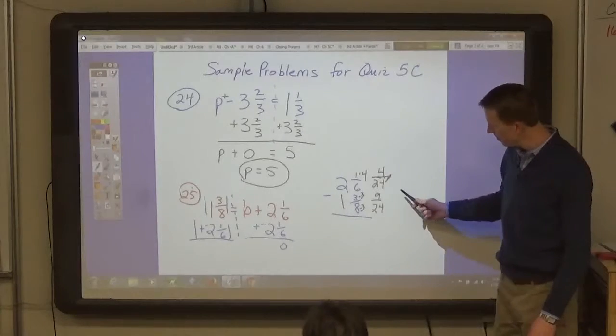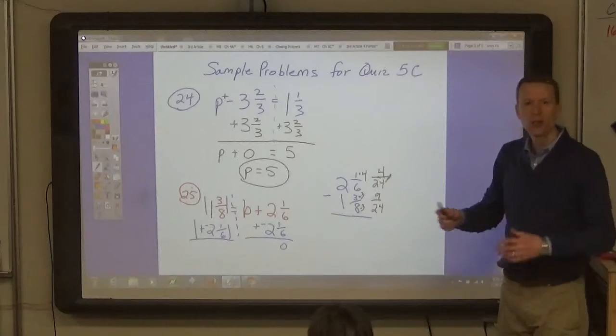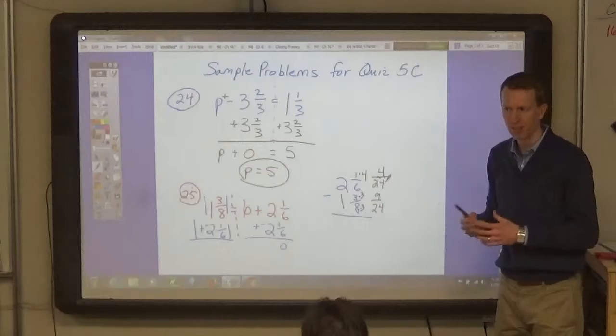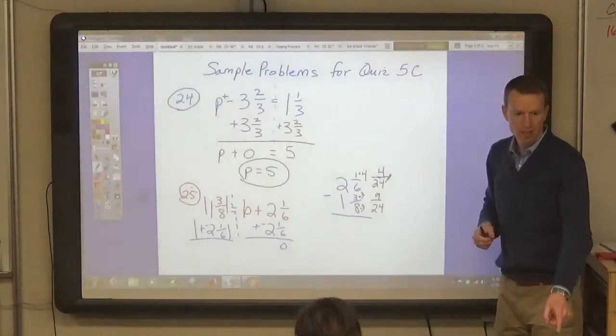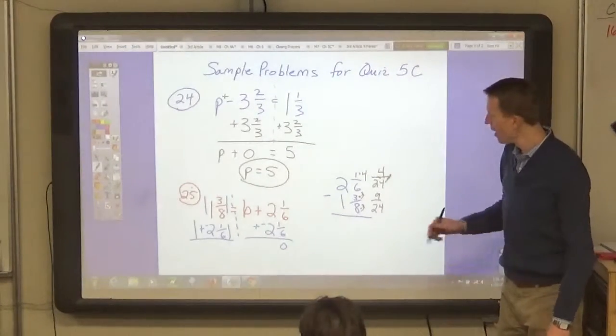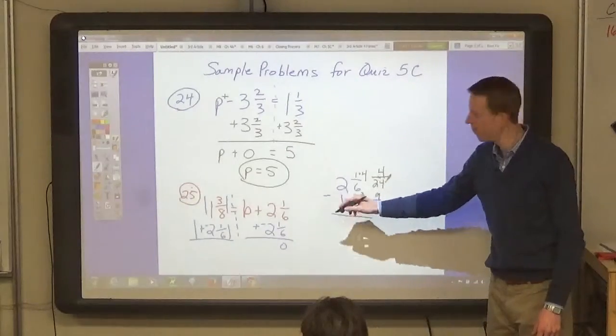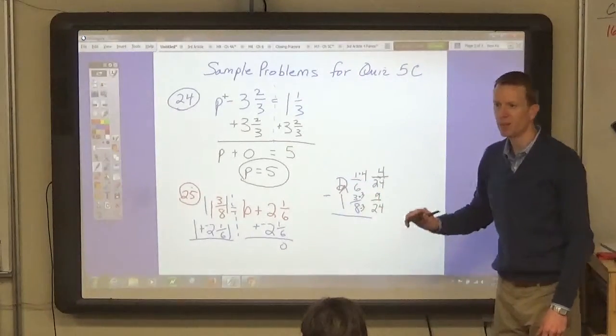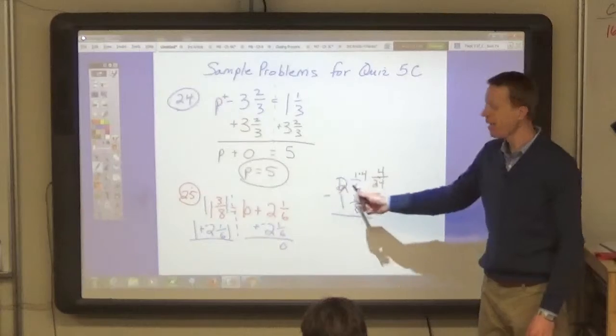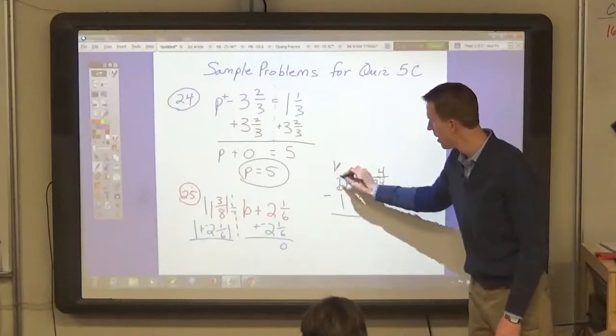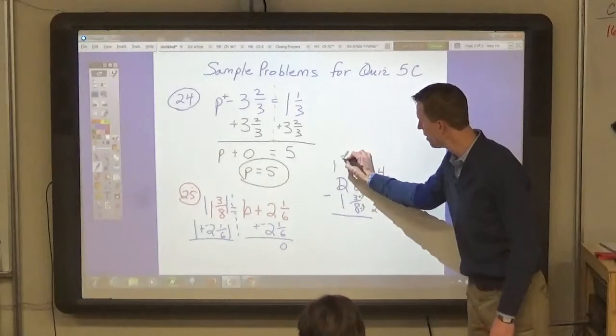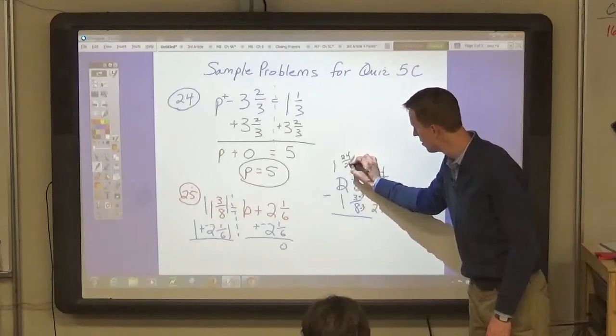Now what? What do you do if you don't have enough pieces? Yeah, we have to take one from the 2. Okay, listen please. You've got to take one of the wholes and break it up into 24 pieces.